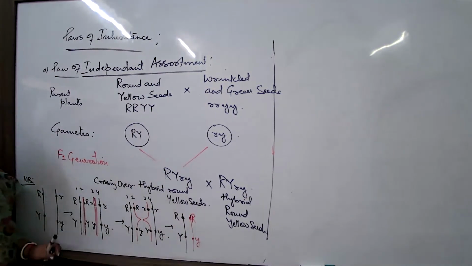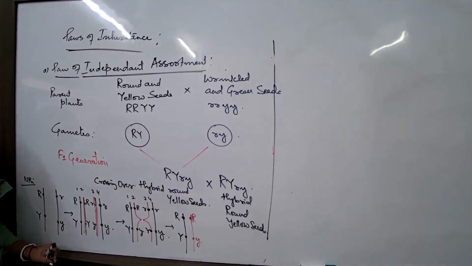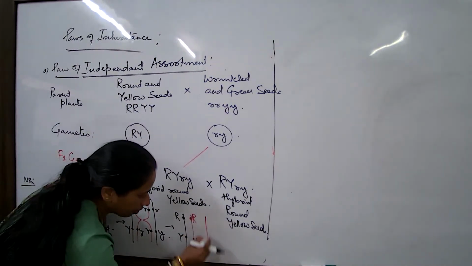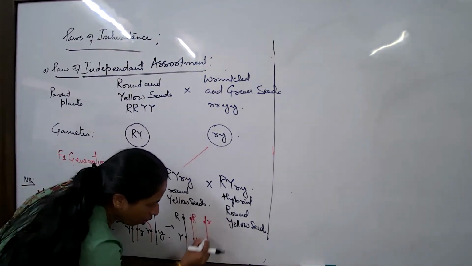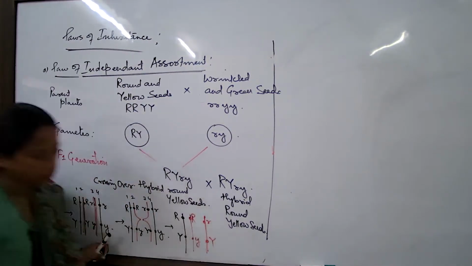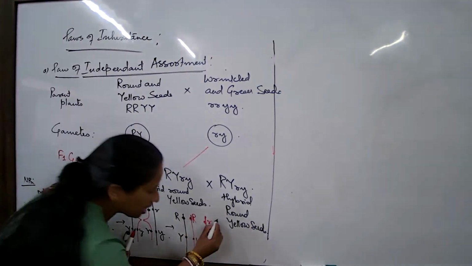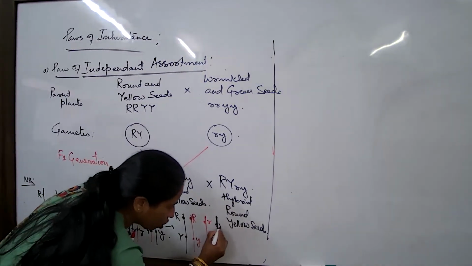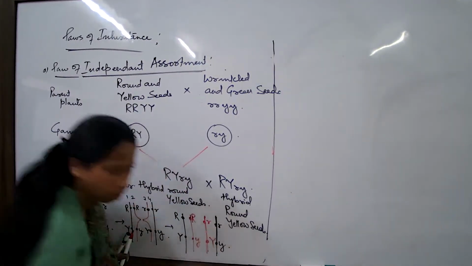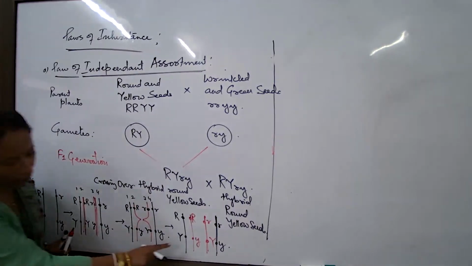This is a new combination. Yes or no? Tell me the third. Small r and capital Y. This is another new combination. And the last, the fourth, is small r and small y. So these are the four types of gametes.